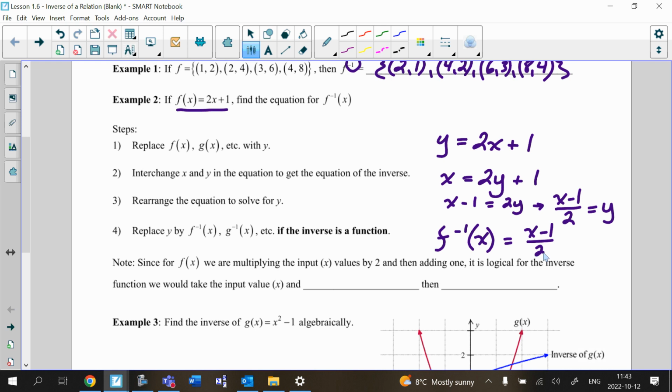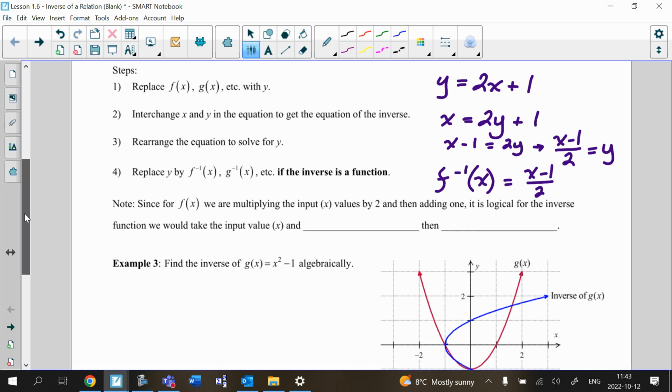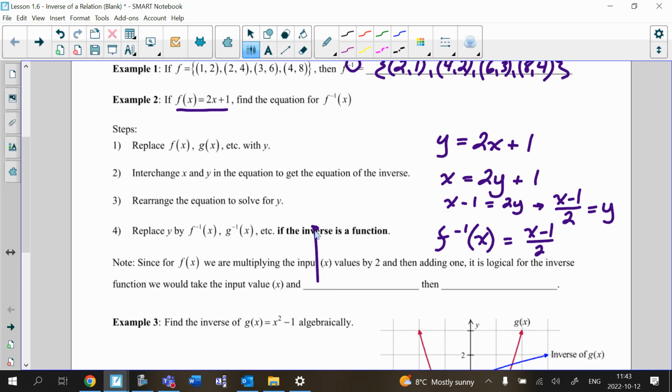So if in the original we're getting every y by going times 2, add 1, then it makes sense that in the inverse we would take the input value, the x value, subtract 1, then divide by 2.